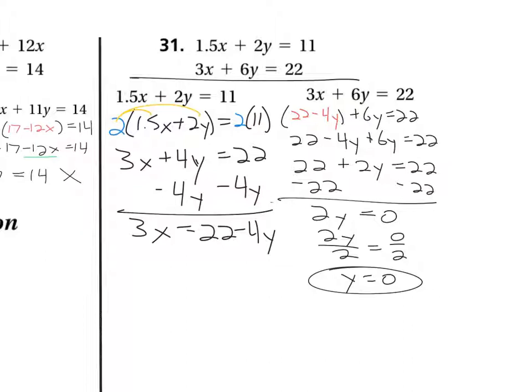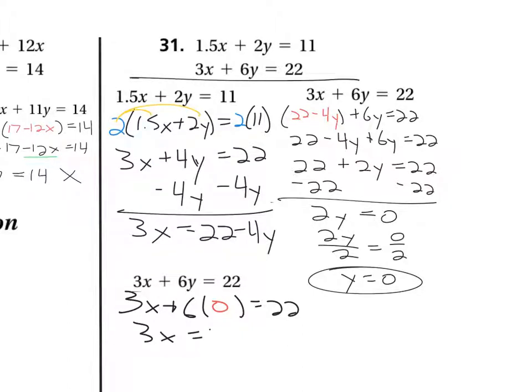Well, we can take one of the equations, and let me grab one. Let's grab that and drop in 0 where we see y. So we get 3x plus 6(0) equals 22.